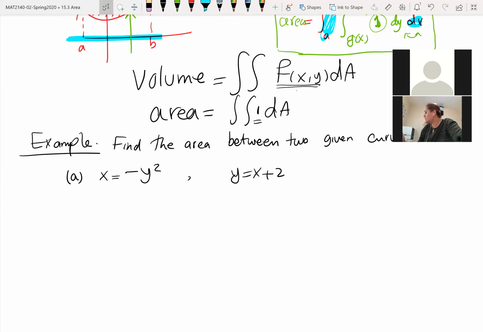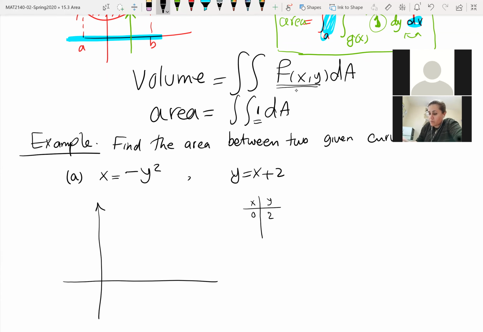So this is x, this is y. If I plug in x equals 0, y is 2. If I plug in y equals 0, x is negative 2.